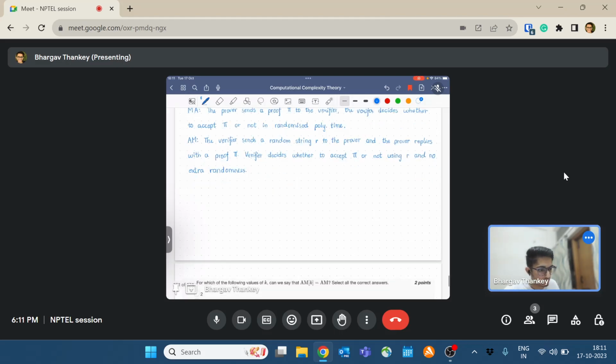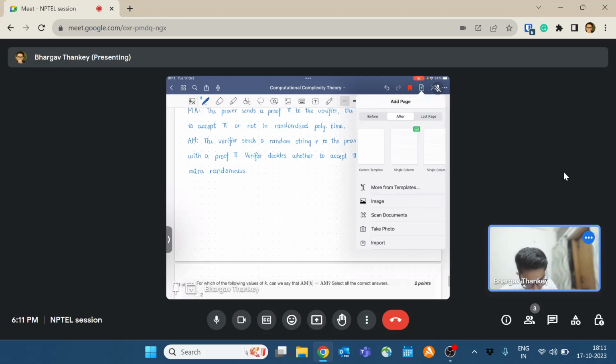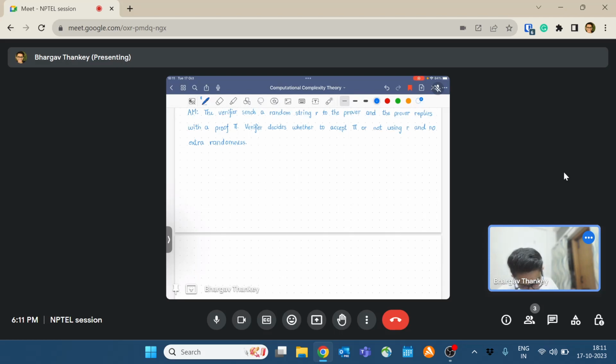Okay, so now let me add a page. Now if L exists, randomized polynomial time verifier, equals that.